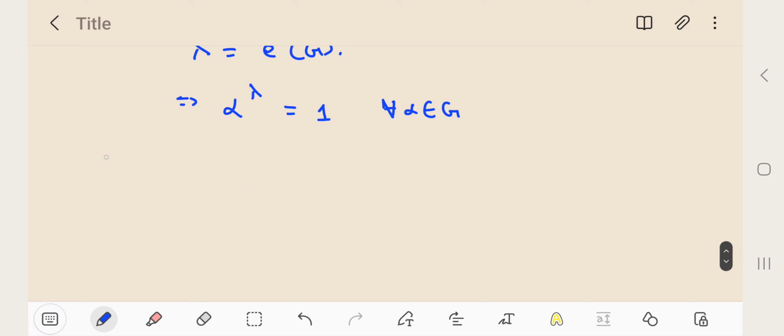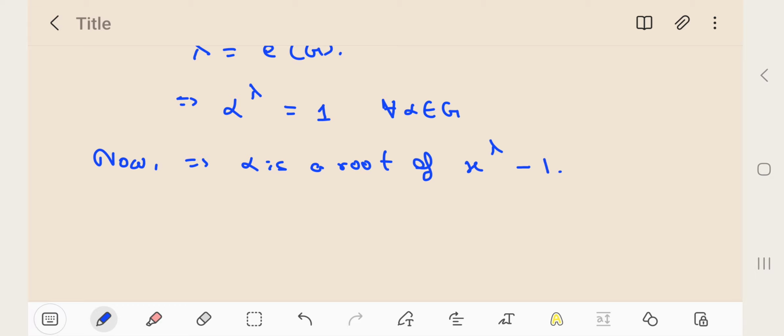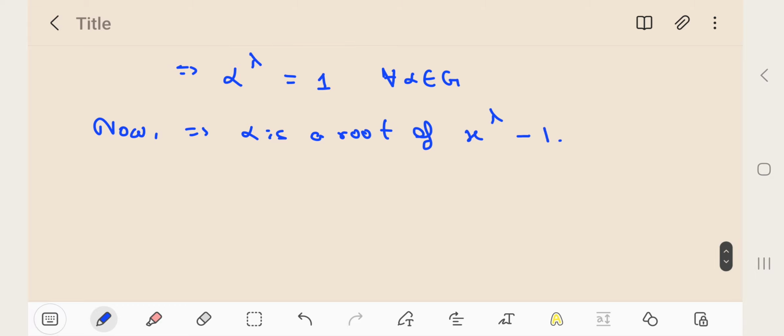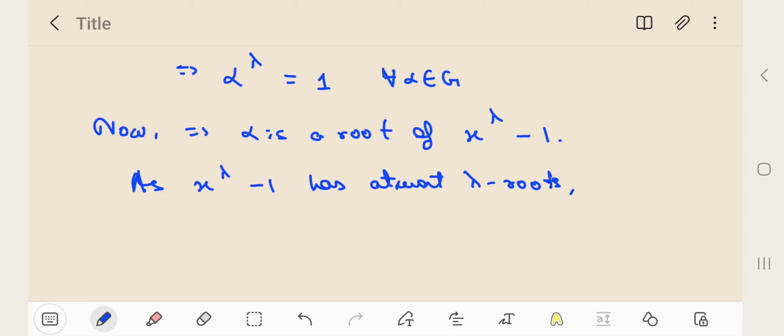So this implies that alpha is a root of the polynomial x to the power lambda minus 1, but x to the power lambda minus 1 has at most lambda roots. We can see that all the elements of G are roots of x to the power lambda minus 1.